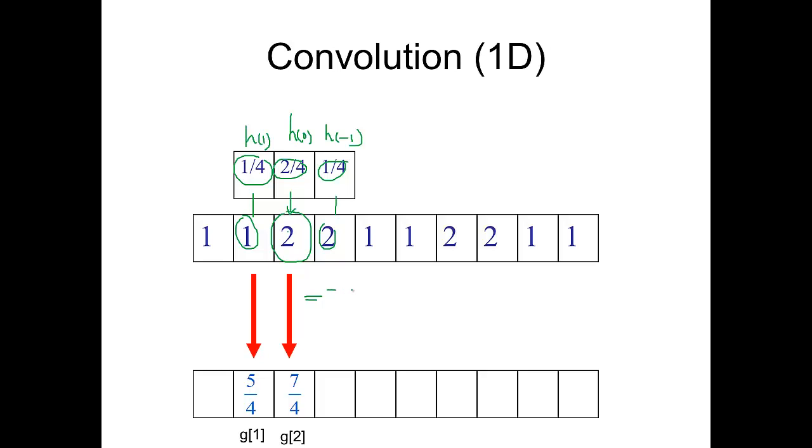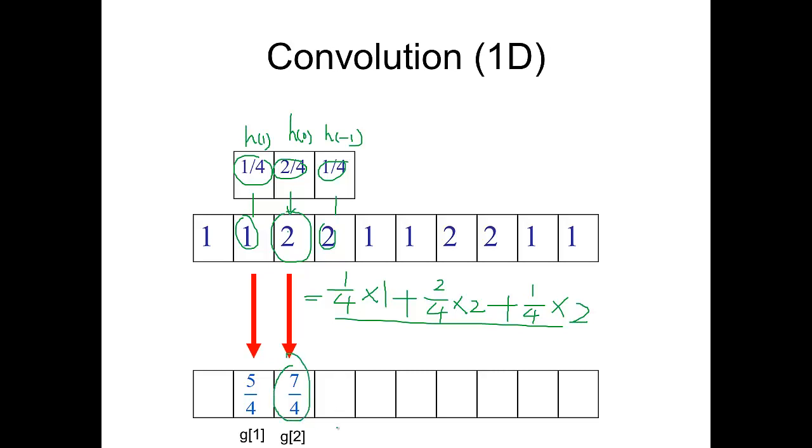Equal to this multiplied by this one, plus this multiplied by this one, plus this multiplied by this one. If you compute this, you will get this value. That's G2.